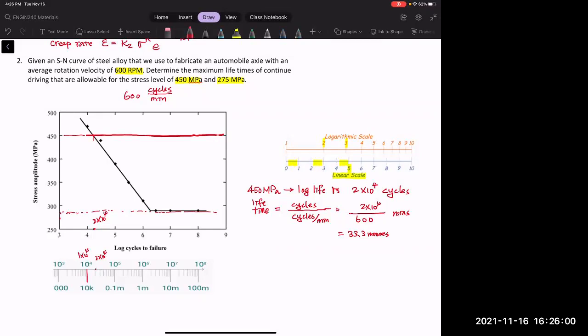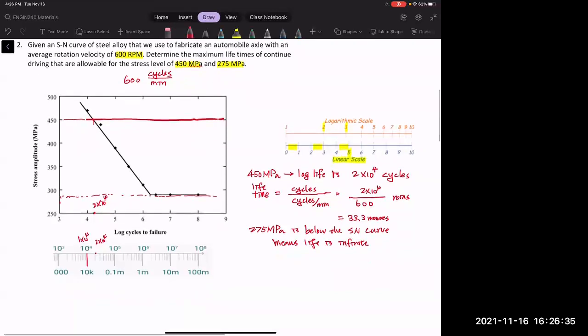If you apply the load, which is right below that line, which is the life limit of the SN curve, that means it's going to have an infinite life. So that's how you do this SN curve problem.